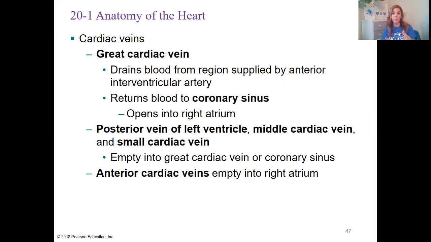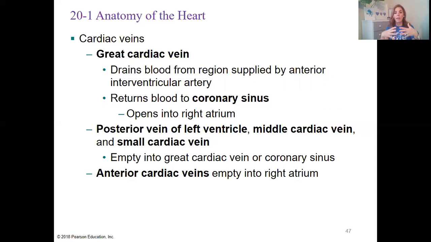Now for the veins, remember whenever we looked at the posterior aspect of the heart, we saw the coronary sinus. So that structure is going to come up here in just a second. What happens is that whenever the coronary arteries give blood to the actual myocardium, ultimately that blood is going to be utilized, and now we're going to have wastes that are going to need to be eliminated.